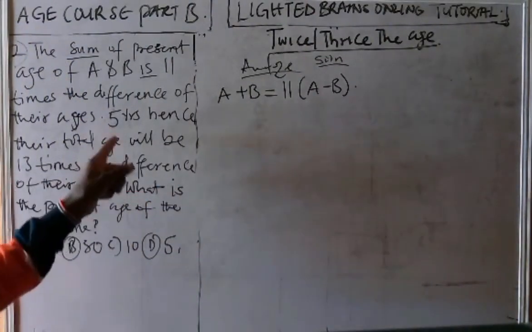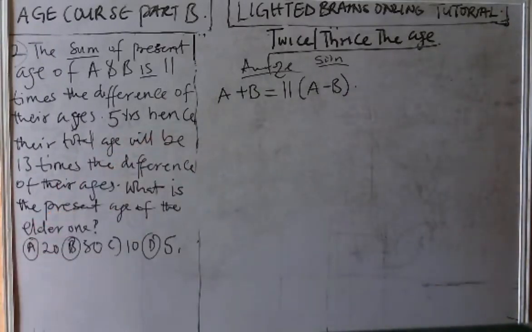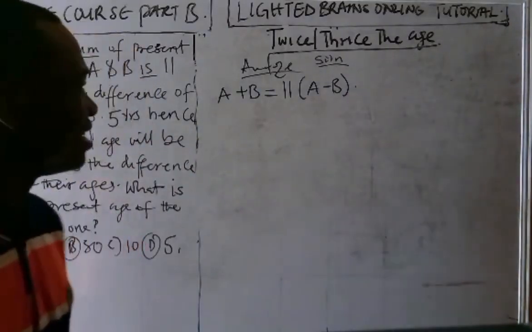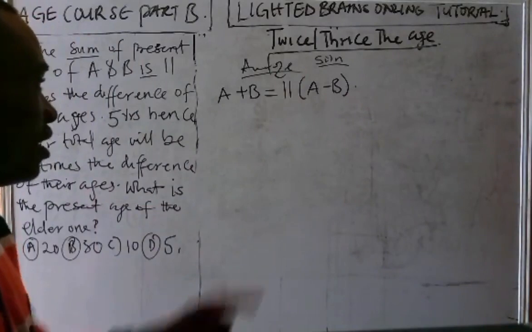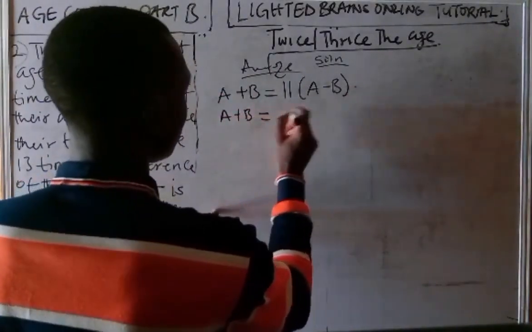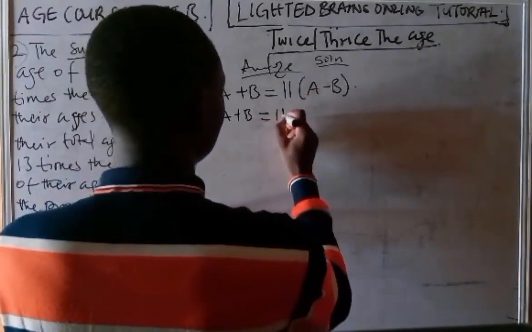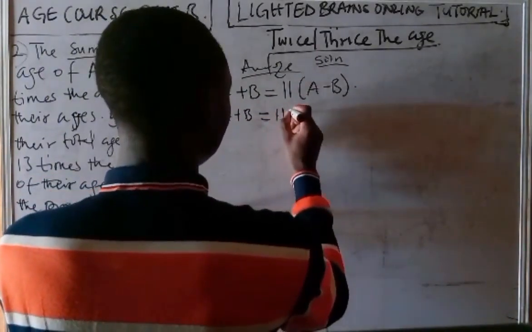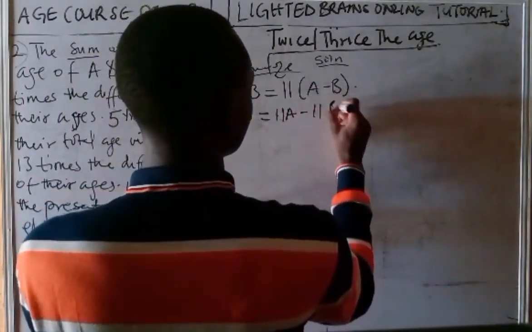Now another thing, they said 5 years hence. But before we do anything like that, let's solve this expression first. So A plus B is equal to 11 times A minus B, which is 11A minus 11B.